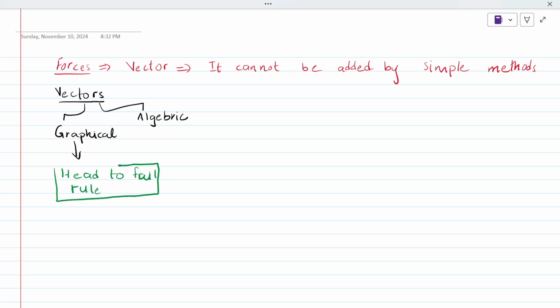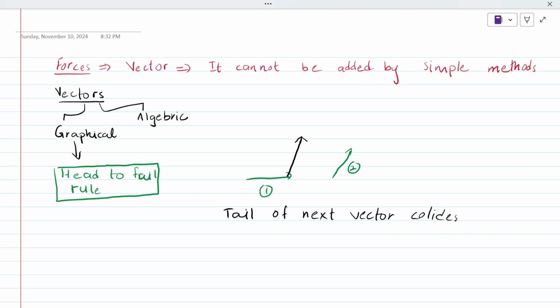What does this head to tail rule suggest to us? Okay. This states that first, if we are given with two vectors, suppose that this is first vector and this is the second vector. You are to draw the same vector such that the tail of second vector collides with the head of first vector. Okay, tail of next vector collides with head of previous vector.